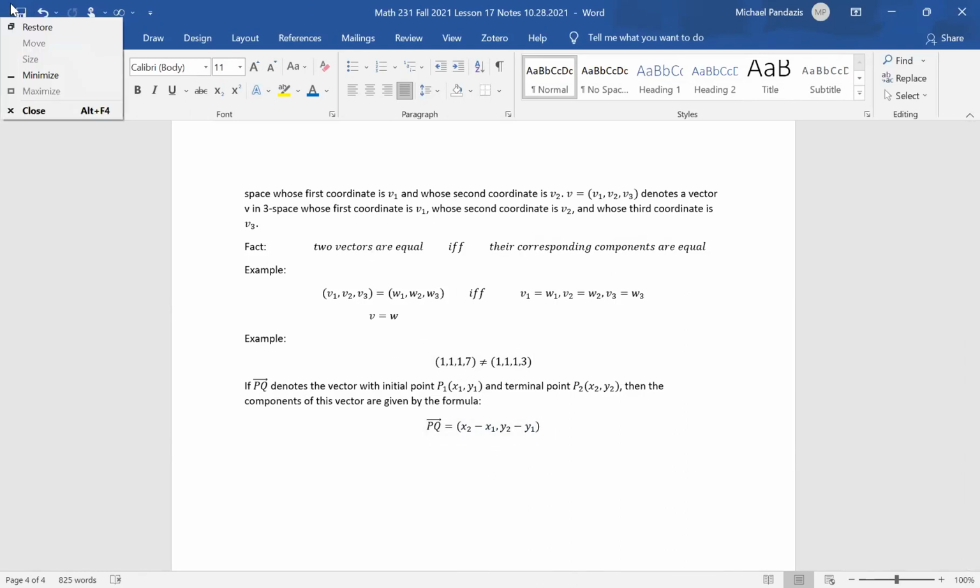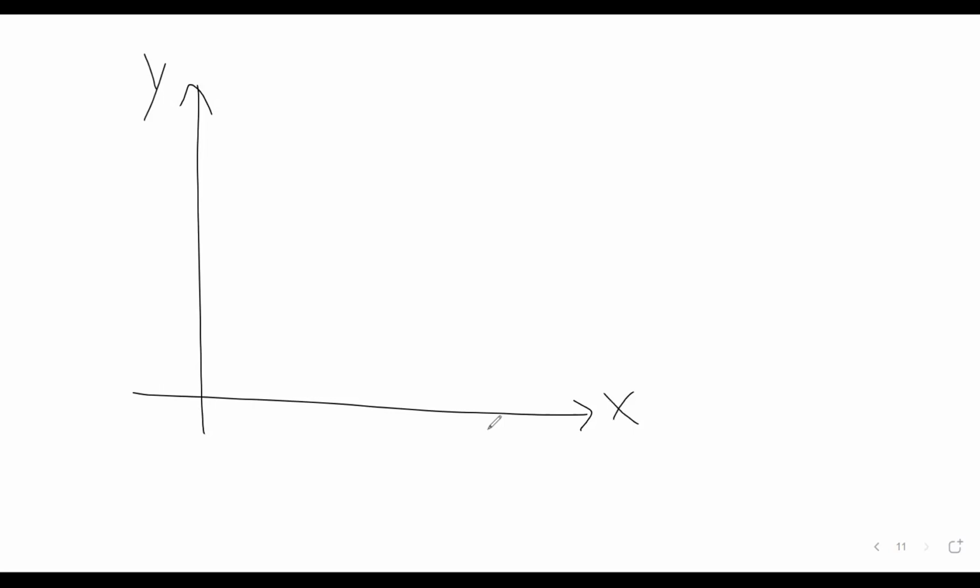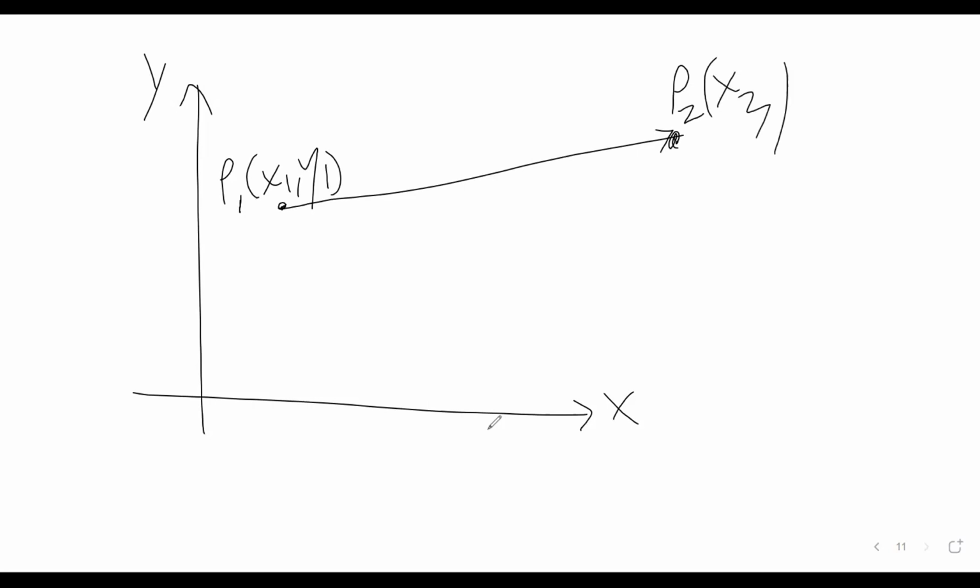Okay, so a picture illustrates that. So you have your x-axis, you have your y-axis, and you have a point P1 whose coordinates are x1, comma y1, and you have a terminal point, which is the point P2 at x2, comma y2.